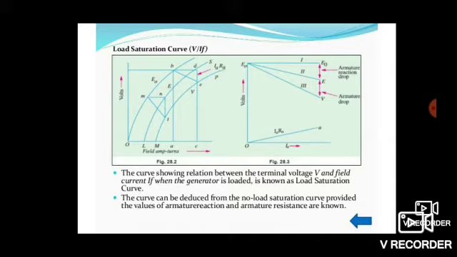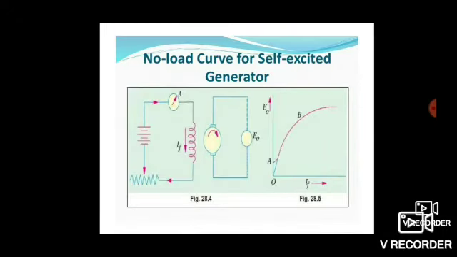The curve can be deduced from the no load saturation curve provided the values of armature reaction and armature resistance are known. And the second diagram shows the internal and external characteristics of the DC shunt generator. See the no load curve for self-excited generator. It is the same as for the separately excited DC generator.